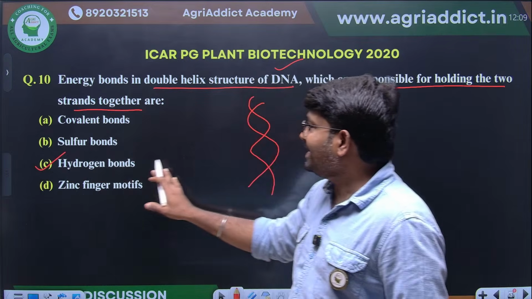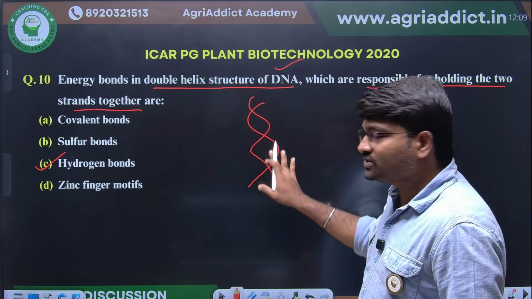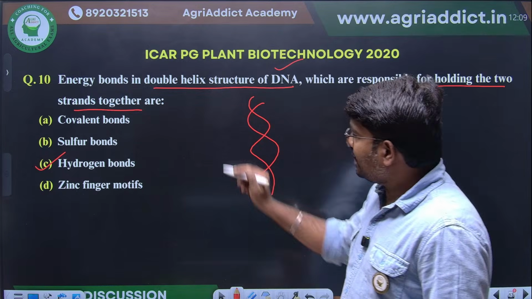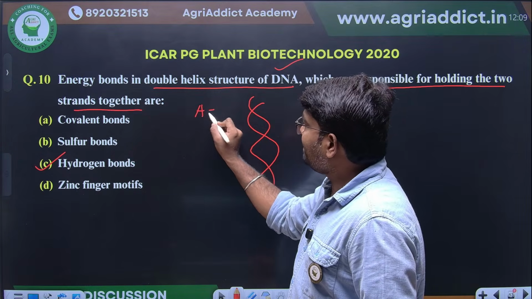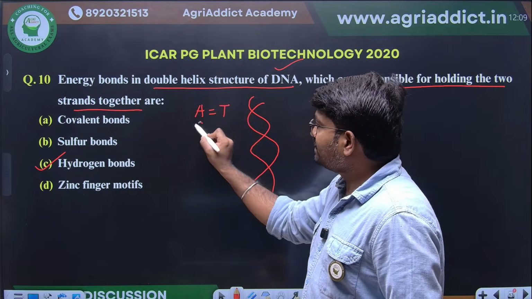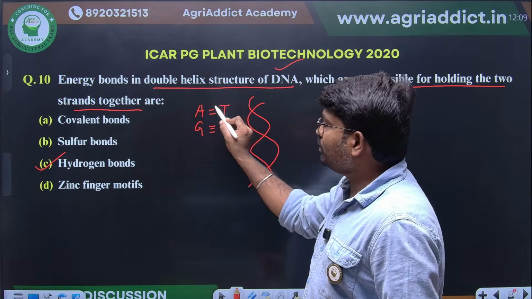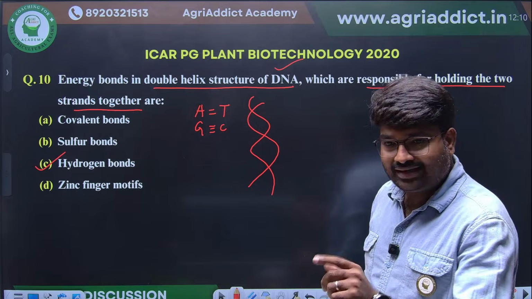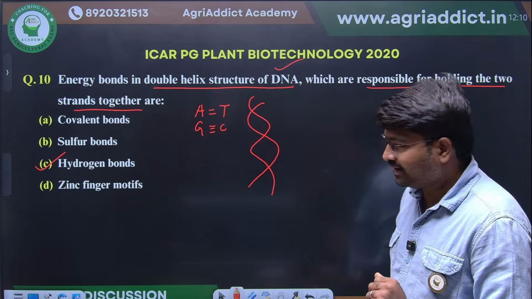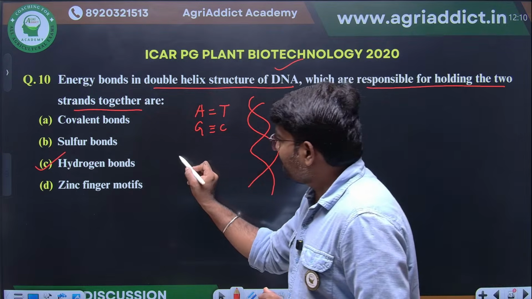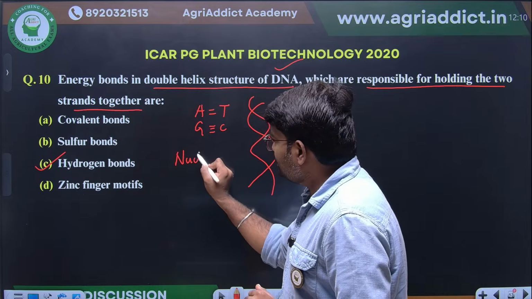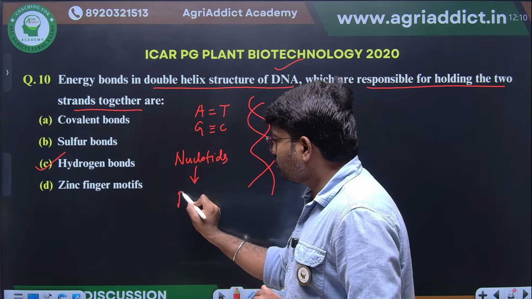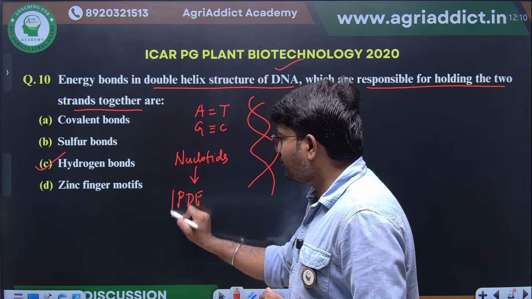The hydrogen bond will hold these two strands of the DNA together, between the bases. A will always pair with T, and G will pair with C, with two hydrogen bonds and with three hydrogen bonds respectively. Then the most important thing you have to remember: the nucleotides will be joined together by which bond? Phosphodiester bonds.